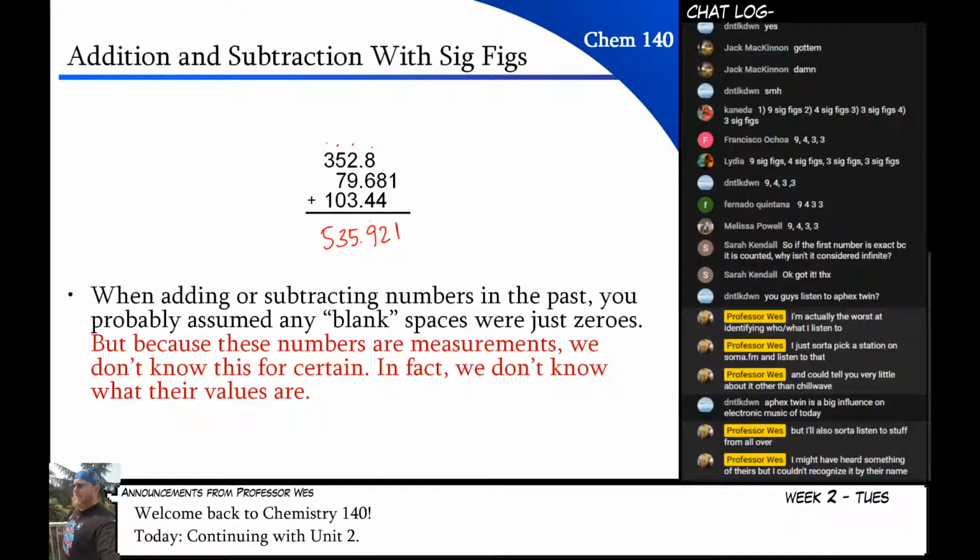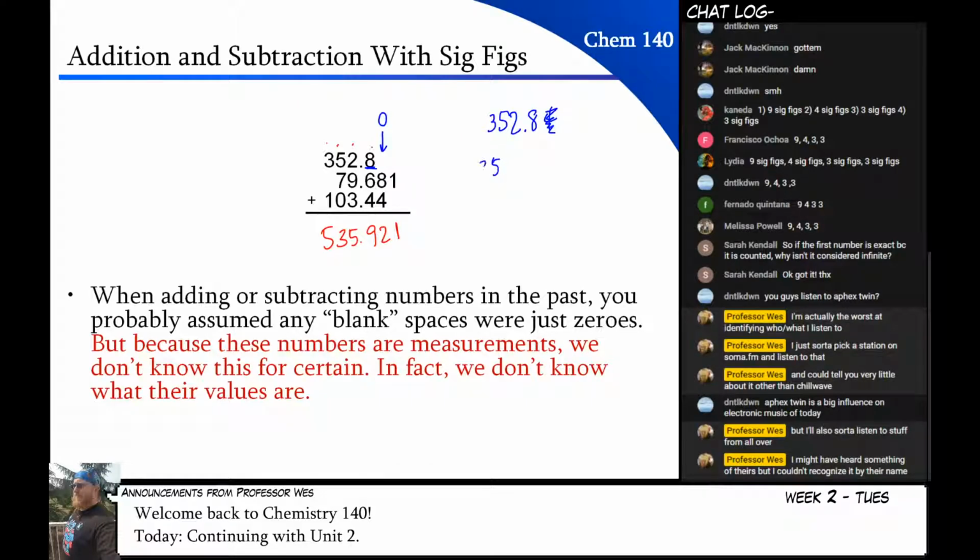But in reality, we have an issue, and that issue is when I make a measurement and I round that measurement to 352.8 in the tenths place, what is the number that goes here? Is it 0? Because remember, if I measure 352.84, it's still 352.8.